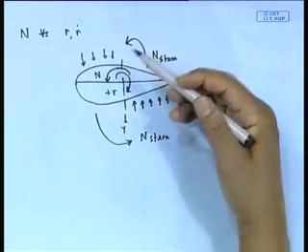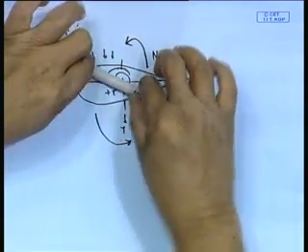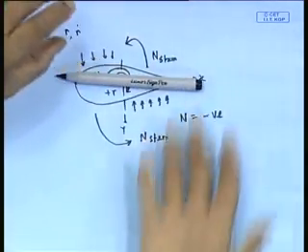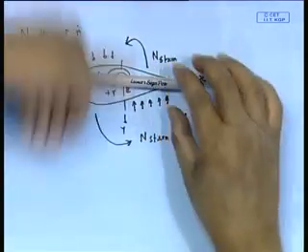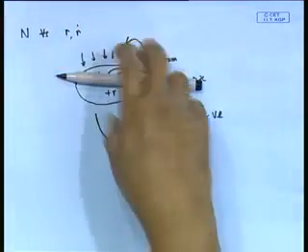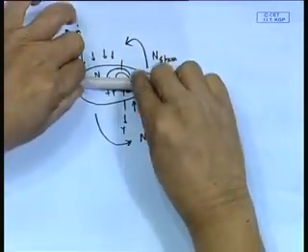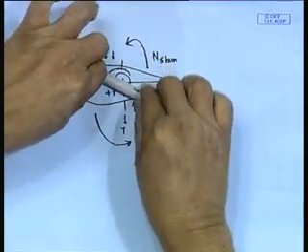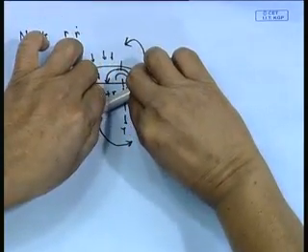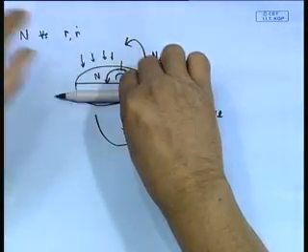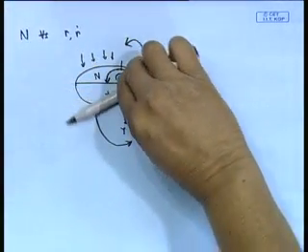Agreed. See, if I were to rotate it this way, this giving force this side, this giving force this side, this giving moment this side, this giving moment this side, both of them are going to give me moment this side. That means, when I try to turn it here, I get a moment this side. When I want to turn it this way, I get a moment this way.